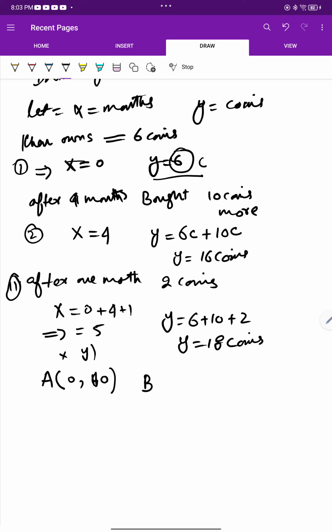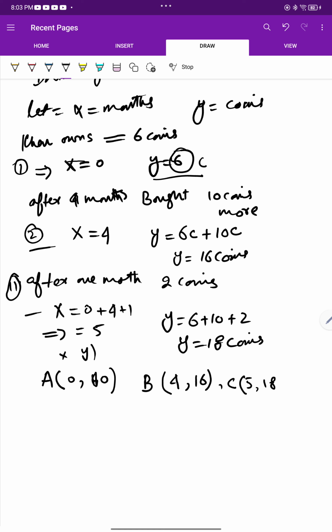Then at B, the second one, the x value is now 4, and the kinds go to 16. And now the next point is C. The x value is 5, and the kinds are 18.